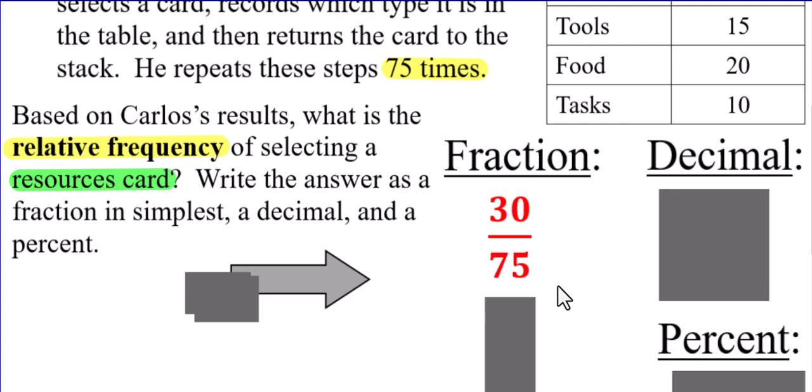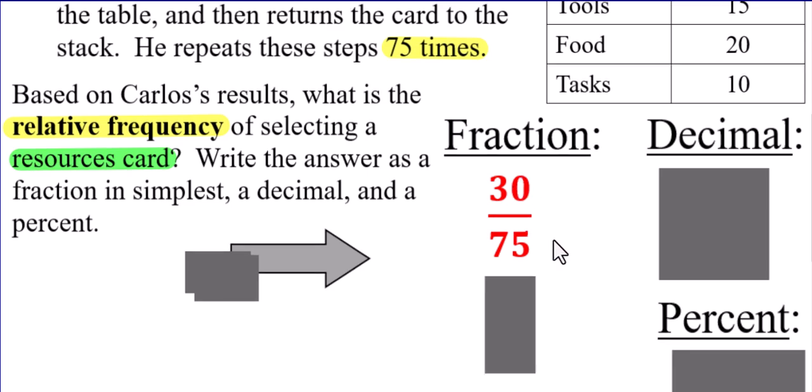If both numbers had digit sums that are multiples of 3, like 3 plus 0 is 3, that's divisible by 3. 7 plus 5 is 12, which is also divisible by 3, so both numbers are divisible by 3. But also it ends with a 0 and a 5, so they're both divisible by 5. Since they're divisible by 3 and 5, you might have recognized these are both divisible by 15.